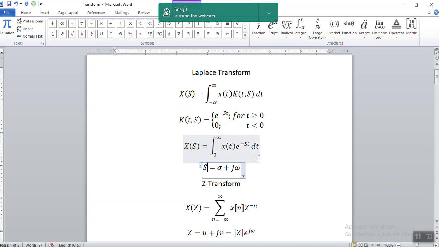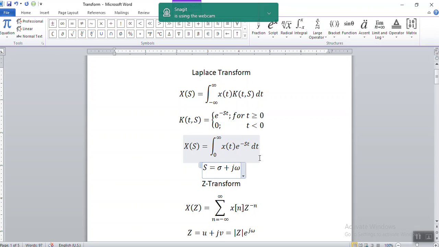Now, the question is why we do the Laplace transform. Basically, in the case of an analog system or any continuous time system, there are two reasons. First of all, the Laplace transform makes the mathematics involved easy. For example, any analog system involves a differential equation, for example first order or second order.